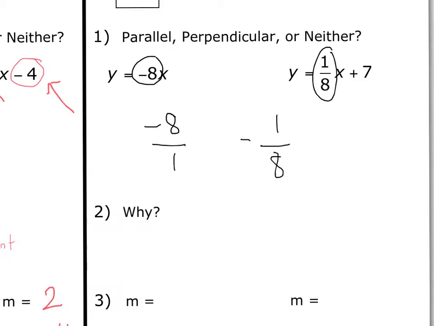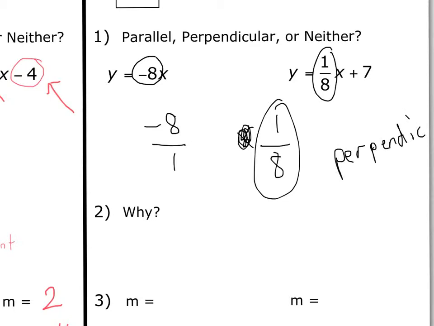Then if you change the sign, the negative goes away and our slope becomes 1/8. So since we have opposite reciprocal slopes, we have perpendicular lines right here.